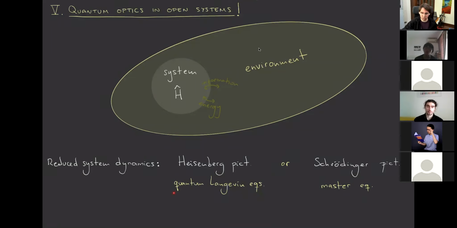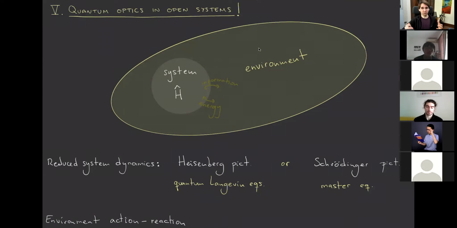But the quantum Langevin equations are very important for many reasons, in particular because working in the Heisenberg picture, once you have the dynamics of the system, you can understand how these dynamics are affected by the action of the environment, but also you can see the reaction of the environment.